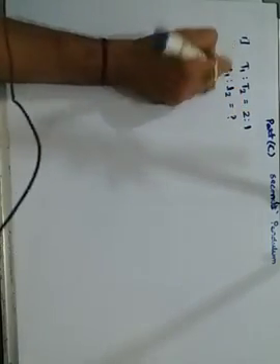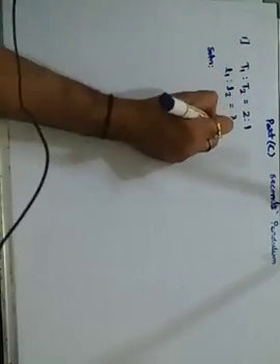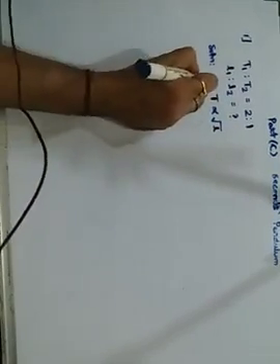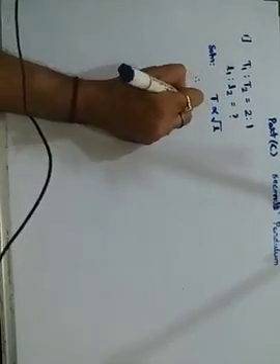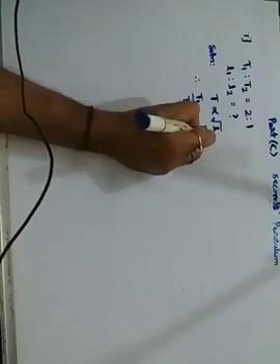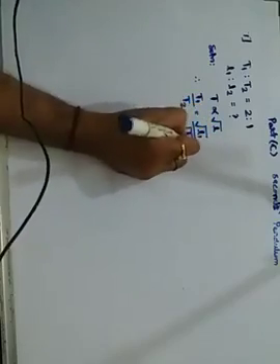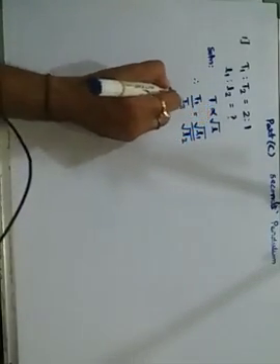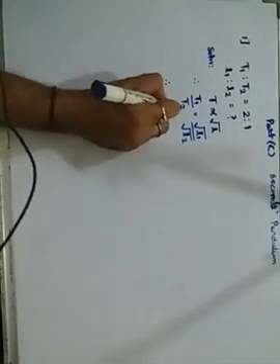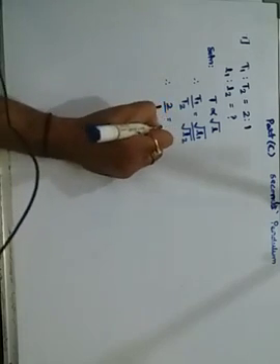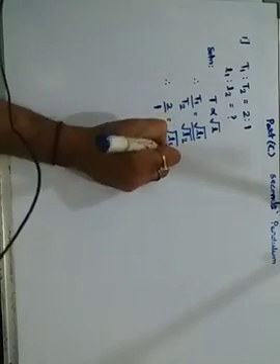In the solution, first write the relation: T is directly proportional to root of L, and therefore T1 upon T2 will become root of L1 upon root of L2. Getting it? But the ratio T1 upon T2 is how much? 2:1. So it will become root of L1 upon L2.